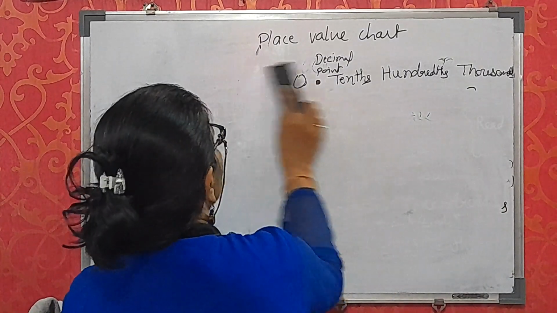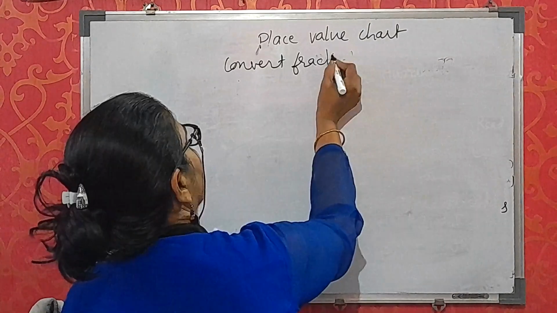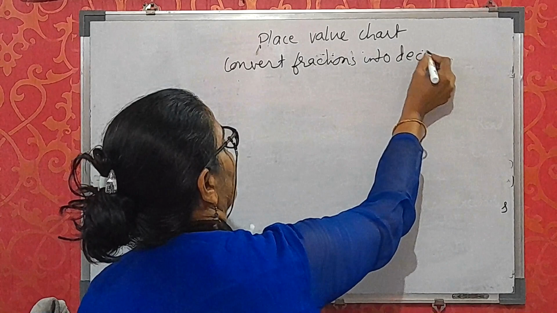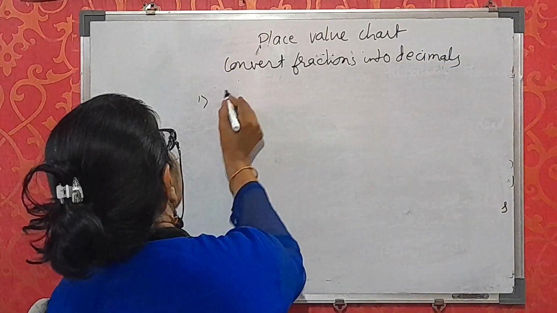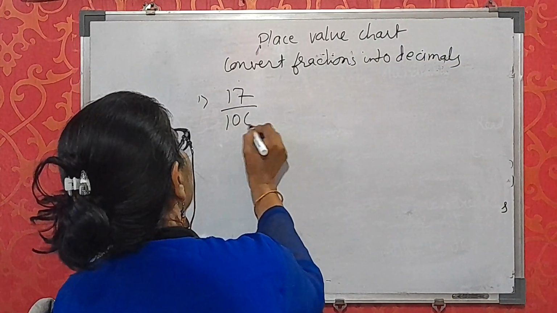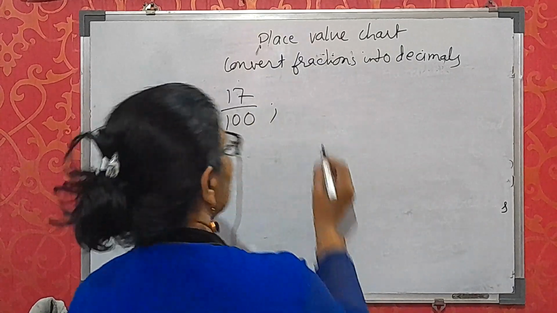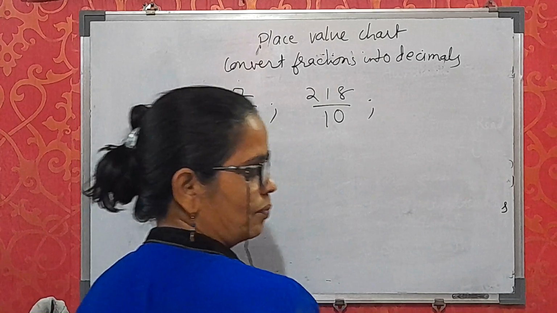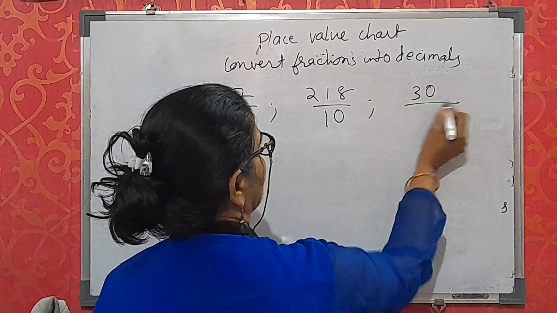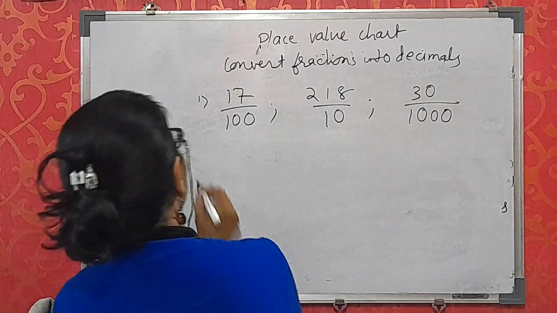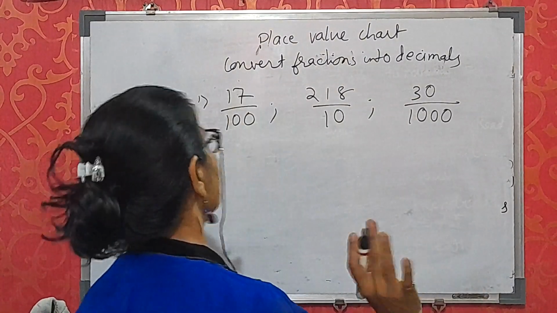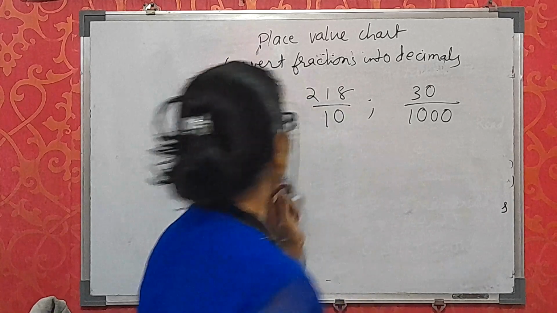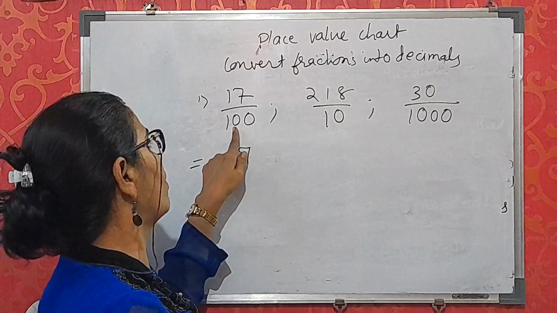Now suppose your title is like this. Convert the fractions into decimals. Now your examples are like this. This 17 upon 100. Second is 218 upon 10. And third one is suppose 30 upon 1000. So how will you convert? Same method as I have told. Write the numerator as it is. In the denominator, how many zeros are there? 1, 2.